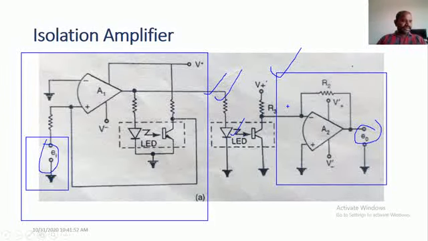I think in India we don't have that kind of device, but in foreign countries, when there is a huge current, means heavy lines, they deal with the heavy lines directly with the help of sticks, and they are having the isolation amplifiers.